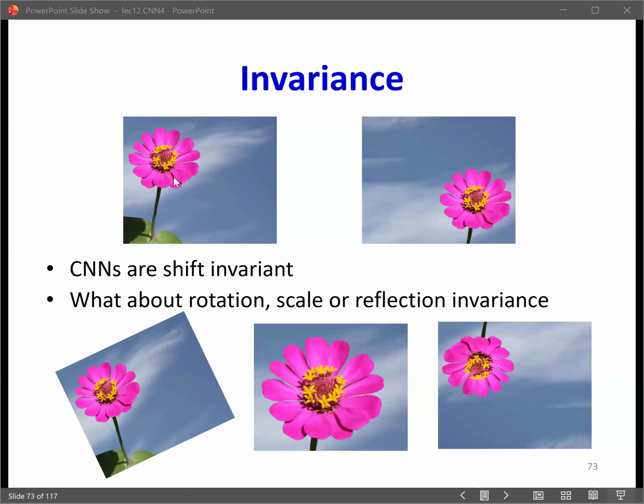But these are shift invariant, so what if we want other kinds of invariance? What if I want rotation invariance? I want to detect the flower even if the flower is rotated a little bit. I want to detect a flower even if the flower has scaled up or if it's reflected upside down. How could I introduce these invariances?